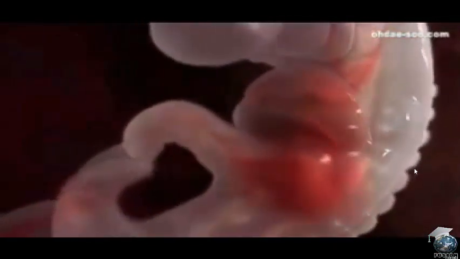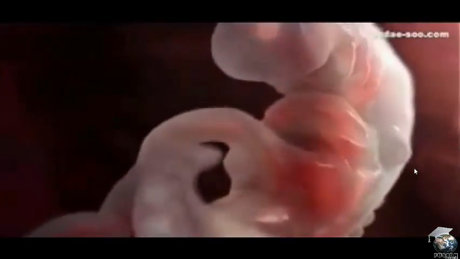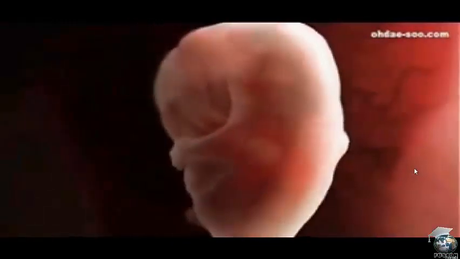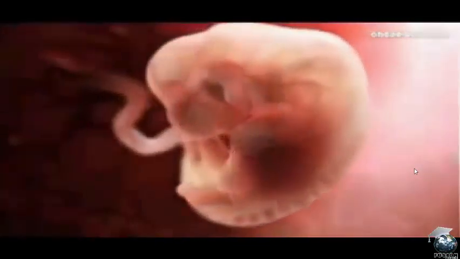It goes through a lot of stages. As evident, we can see the hands and the legs being formed.